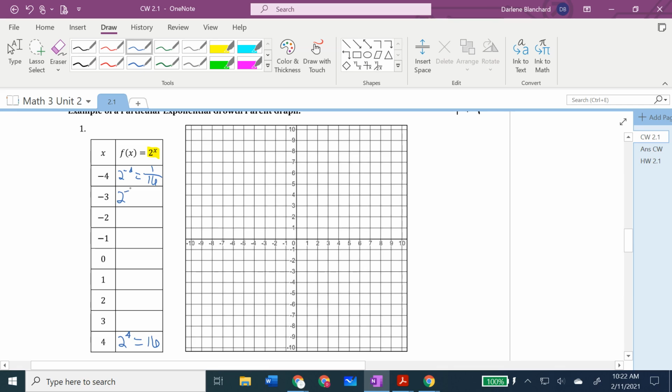Then what is 2 to the negative 3 power? You got it. It's 1 over 2 cubed, and 2 cubed is 8. And I'm going to write it down there since we're talking about it. What is 2 to the negative 2 power?